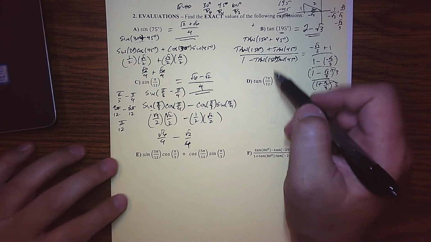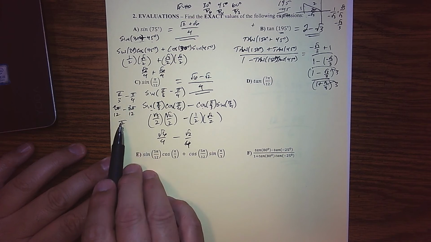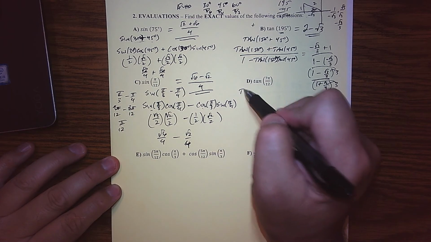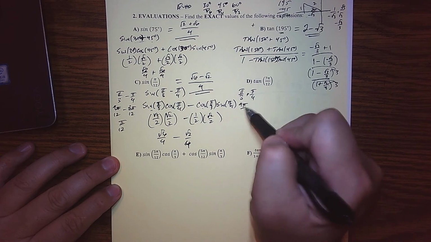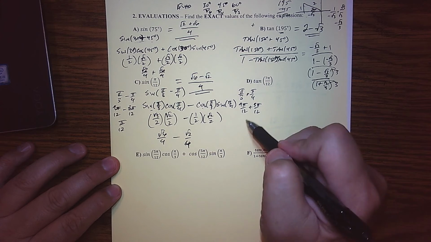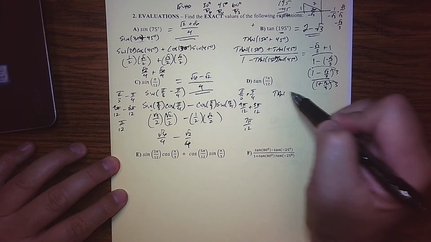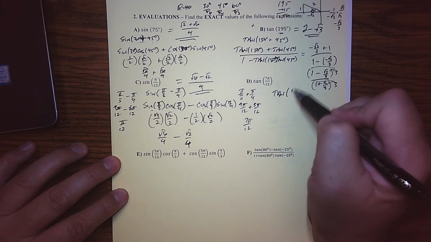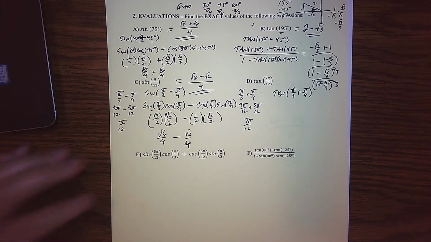Tangent of 7 pi over 12, this is one we haven't seen, but how about we just use what we had here? We were subtracting, but if I add, we get 4 pi over 12 plus 3 pi over 12, which gives us 7 pi over 12. So we're basically looking at the tangent of pi over 3 plus pi over 4.